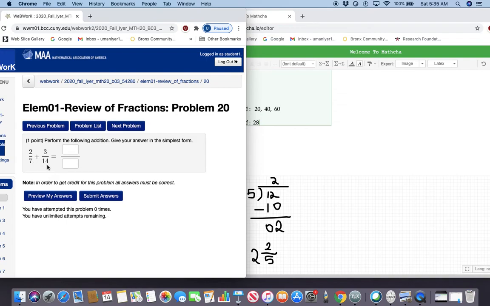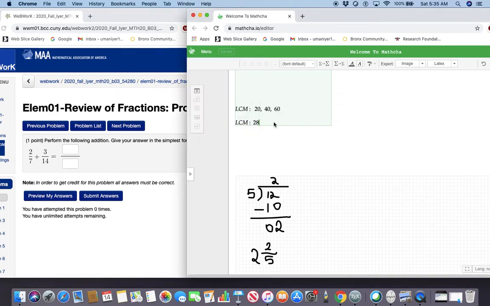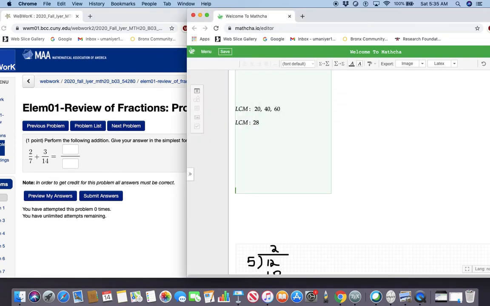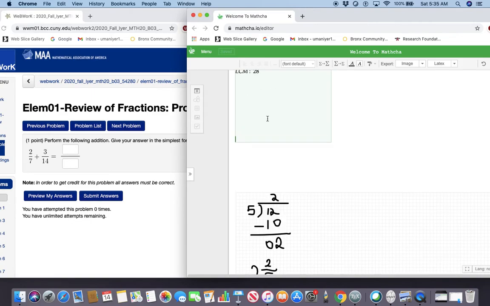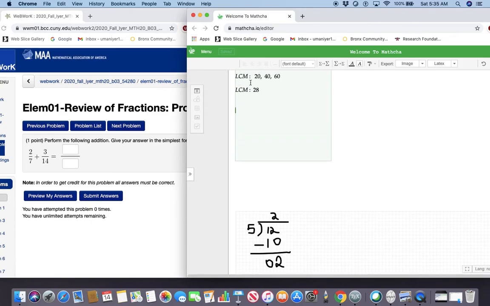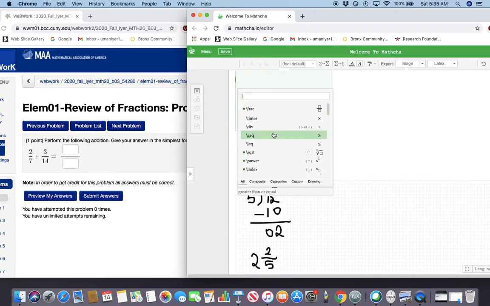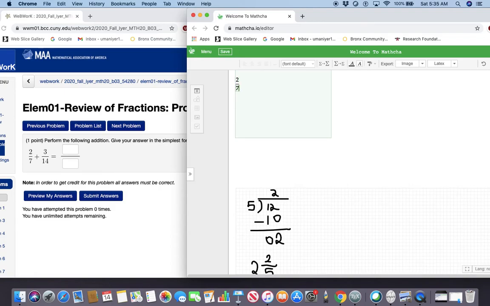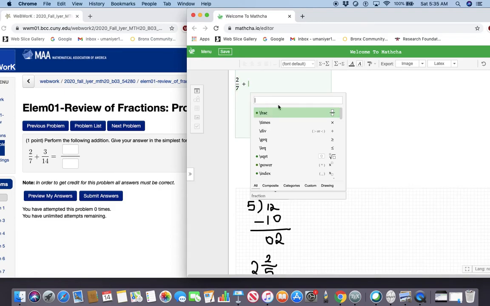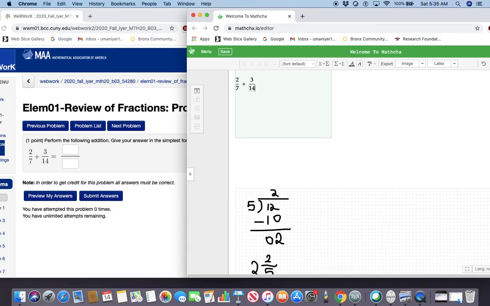Next, addition of fractions. This is where you need a common denominator, which is the least common multiple. Here, for example, I have the fraction 2 over 7 and I want to add the fraction 3 over 14.